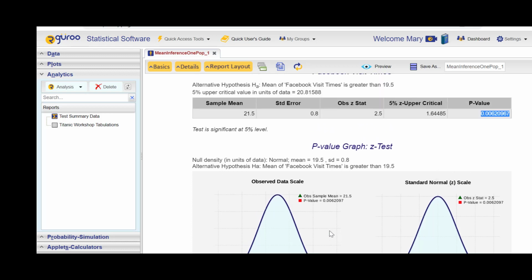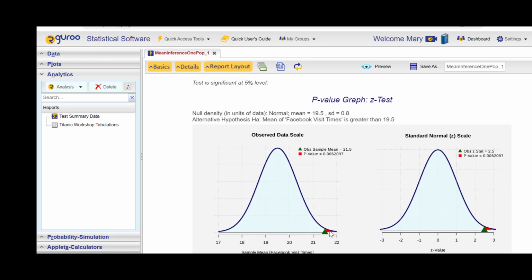And again, that is 0.0062 if we rounded to 4 decimal places. So the p-value is 0.0062. Okay. So there we have that.